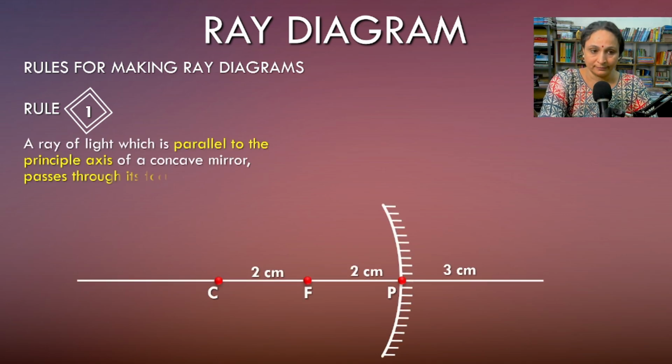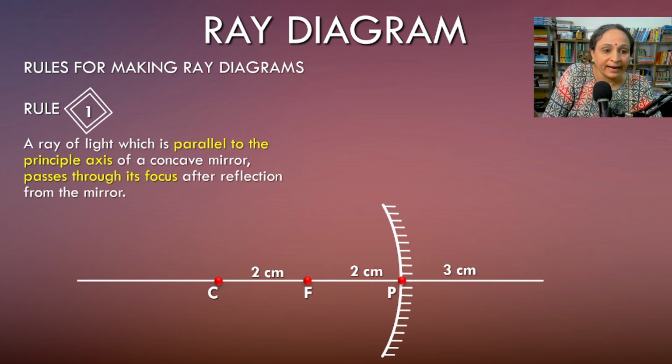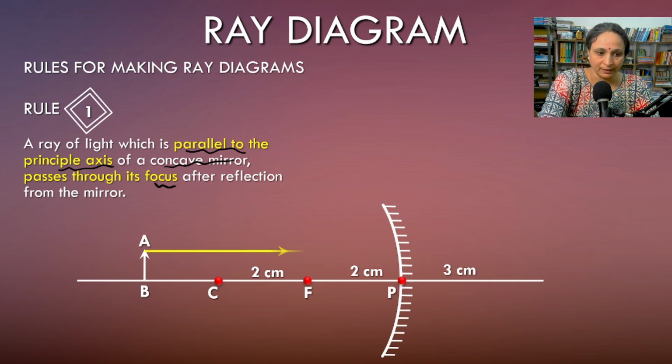Rule number 1: if a ray of light is parallel to the principal axis of a concave mirror, after reflection it will pass through the focus. How? Let's say there is an object AB.